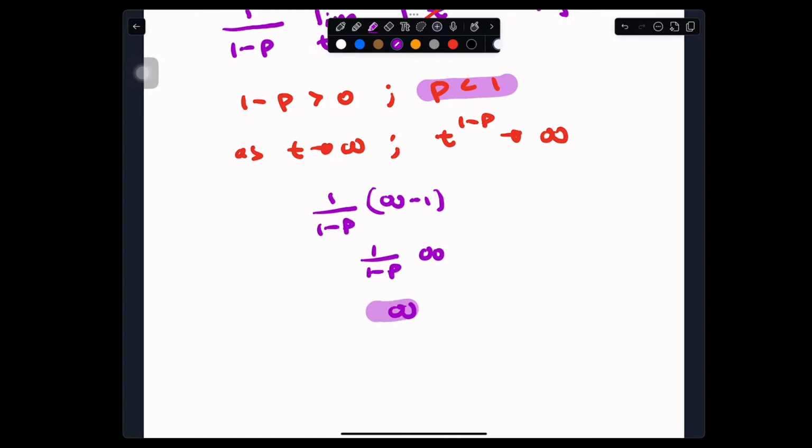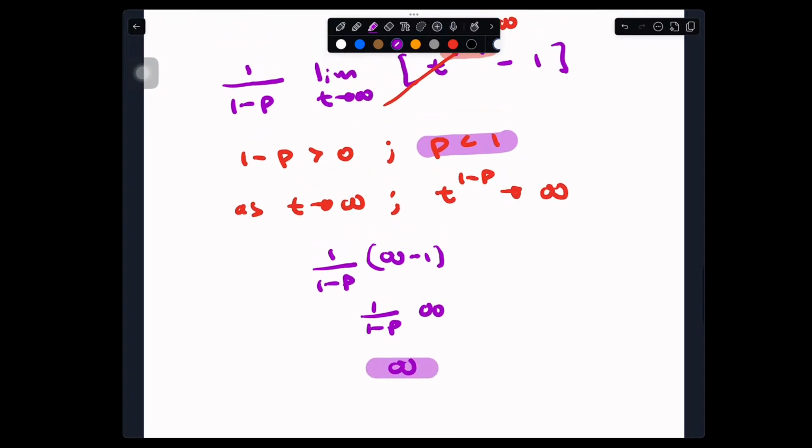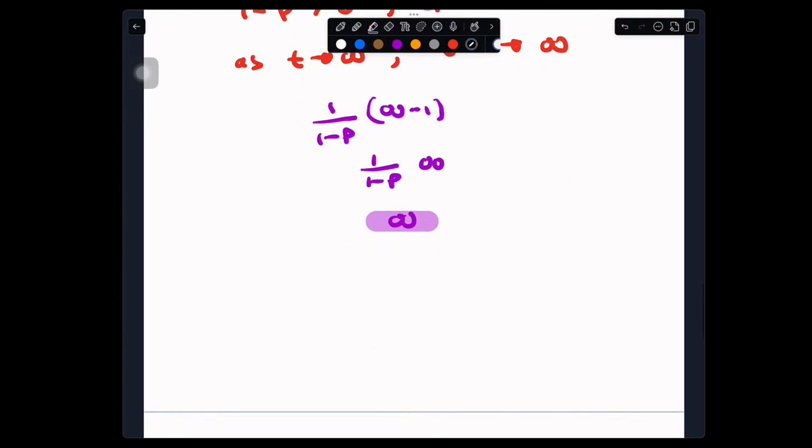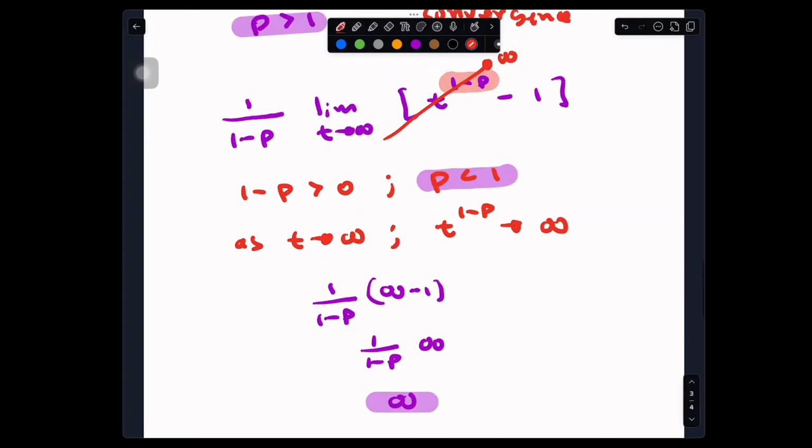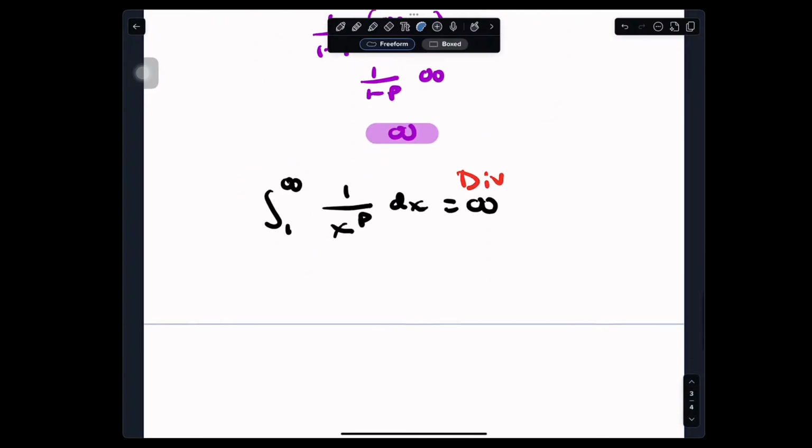So this answer is infinity. What that means is the integral now from 1 to infinity, 1 over x to the p dx is actually infinity, diverges for this value of p over here, p being less than 1.